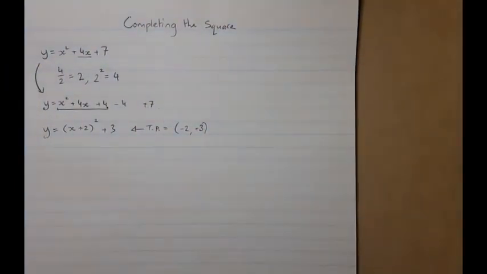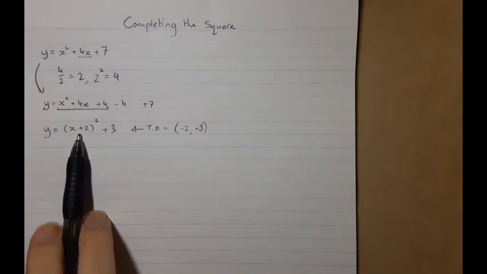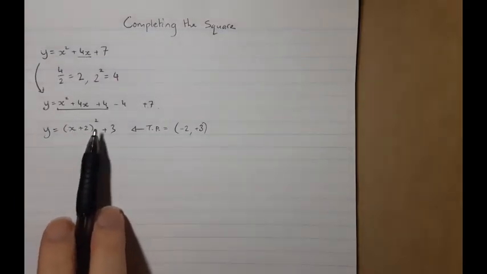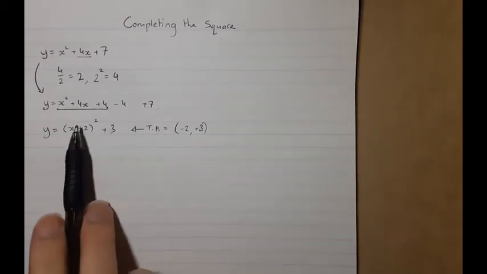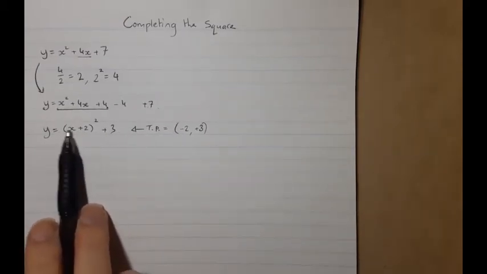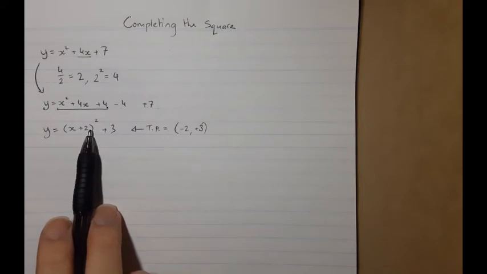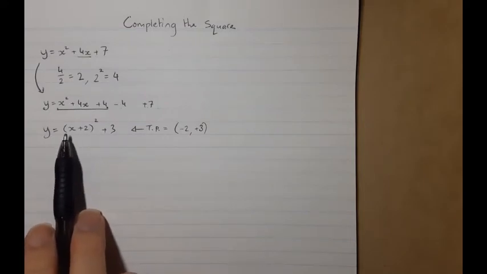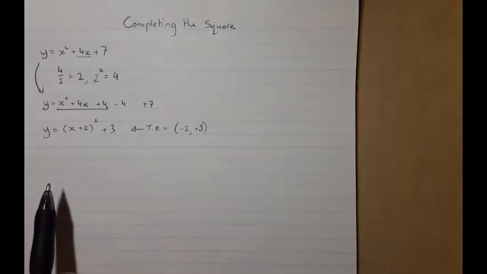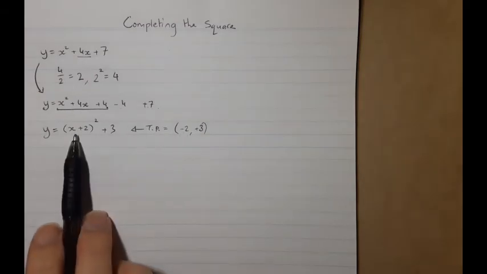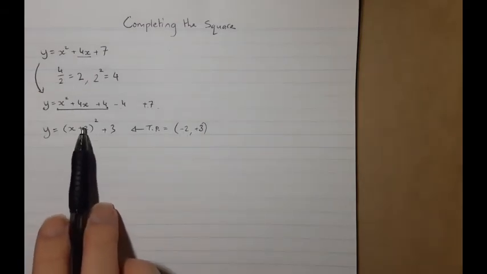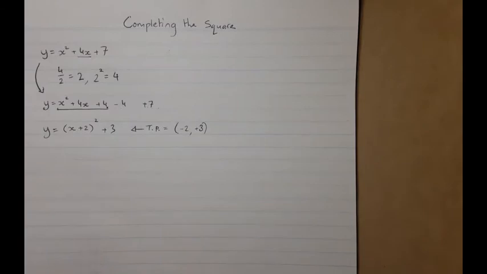Now you might be asking, why is it minus 2 instead of positive 2? And the answer is because it's in brackets, we need to find the value for x to make this bracket equal 0. And that value is minus 2. So minus 2 plus 2 equals 0. That's why we take the minus sign instead of the plus 2.